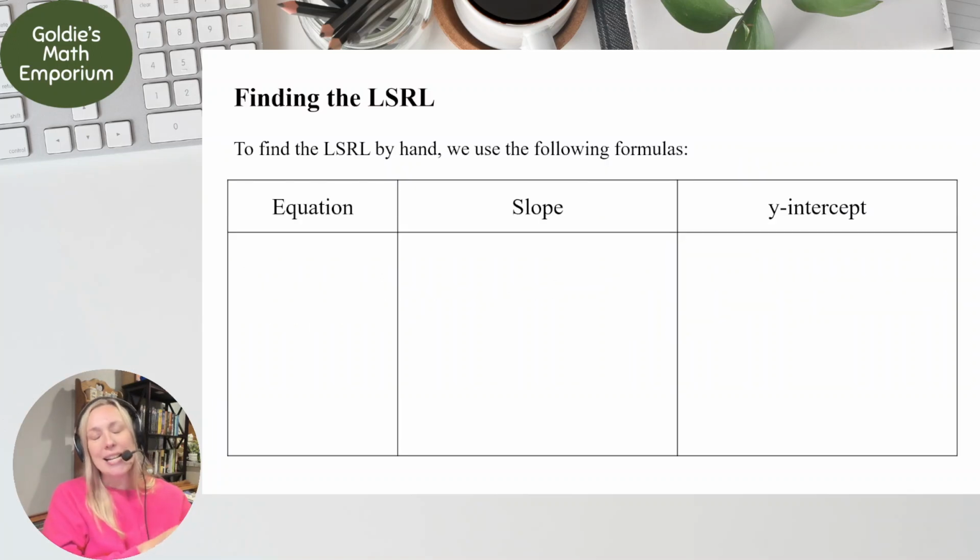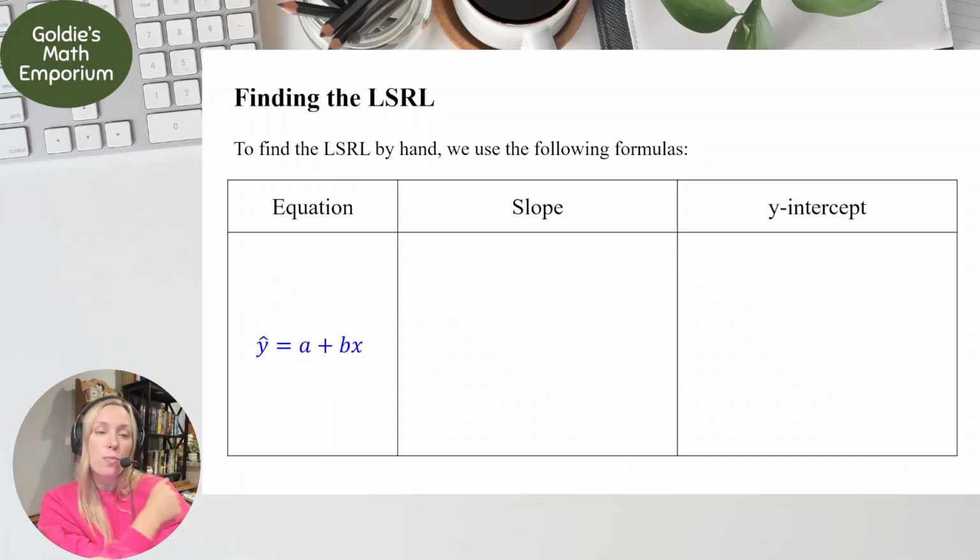So finding it. Okay, again, we're not going to concern ourselves with minimizing the sum squared errors. We are going to use these formulas. These formulas are going to be given on the AP exam formula sheet, and they are algebraic formulas designed to help us find the LSRL. Okay, so again, using the equation from the formula sheet, they use y hat equals a plus bx.